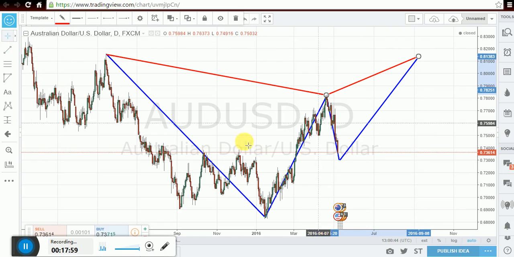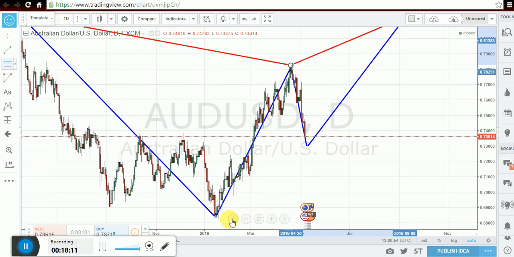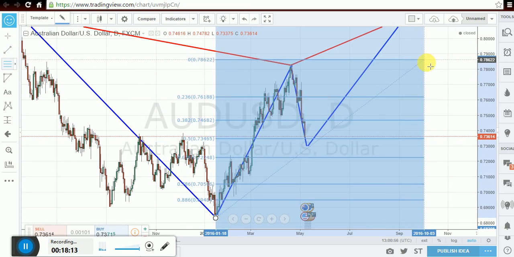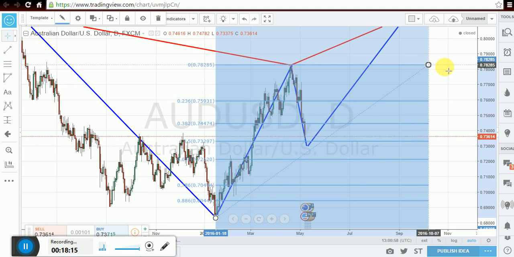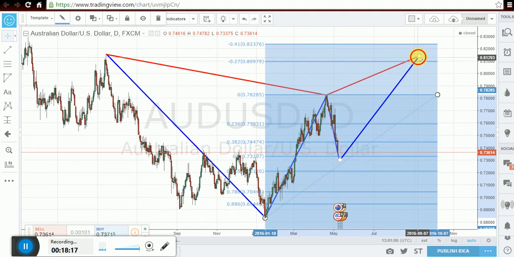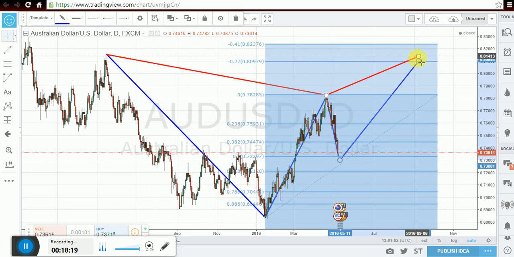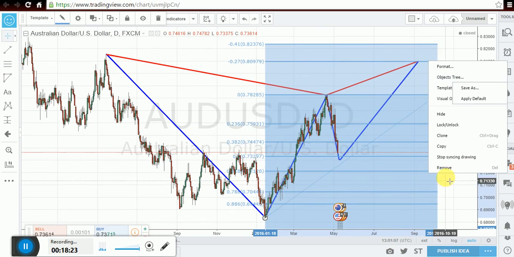So once this market respects its support, the next thing you have to do is predict that this market is going to come in to complete your Gartley pattern. X to A, we're looking at this 127 extension, just a little bit higher. So this is what your next move should be, to predict that the market is going to come in and complete the Gartley pattern.